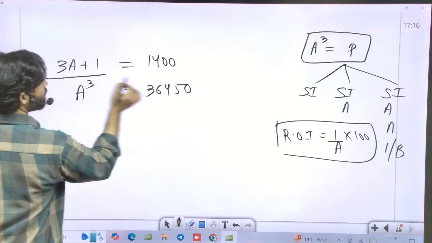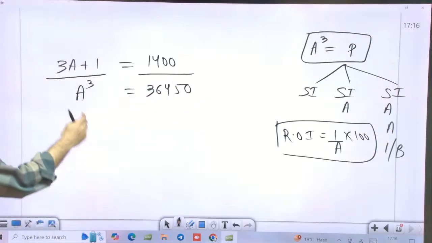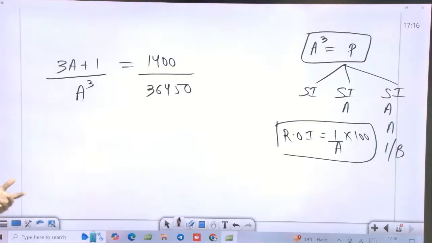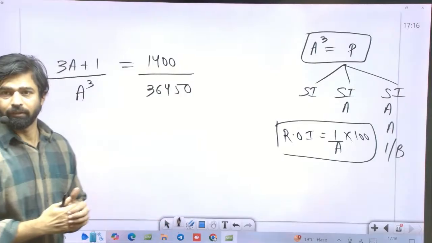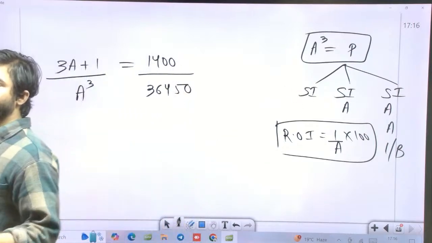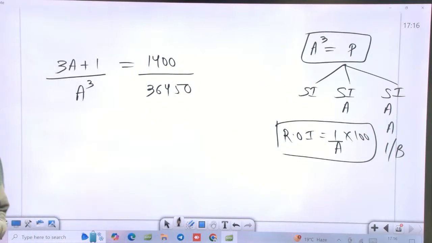From here we will get the value of A. Once we have the value of A, it will be very easy to find the rate of interest. Isn't it? Let's try to solve it then.